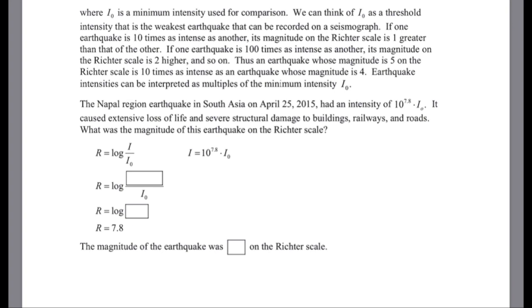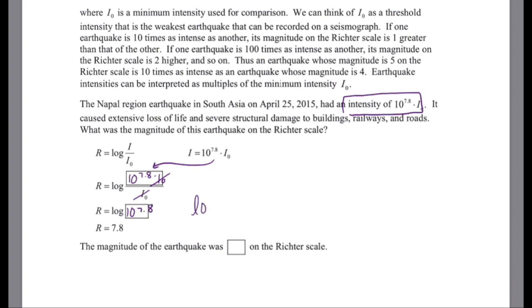We have our R is equal to the log of I over I sub 0. It gives us that the intensity is equal to 10 to the 7.8 times I sub 0. When I substitute 10 to the 7.8 times I sub 0 into the equation, our I sub 0 cancels, and I have 10 to the power of 7.8.